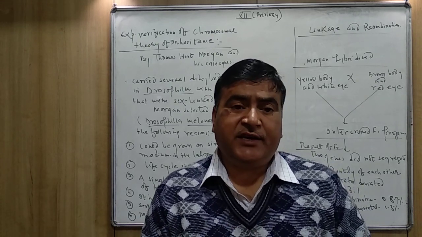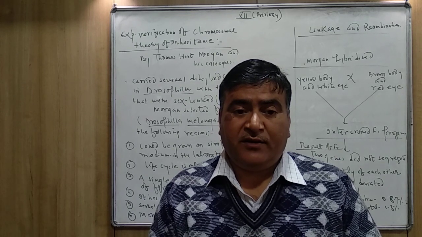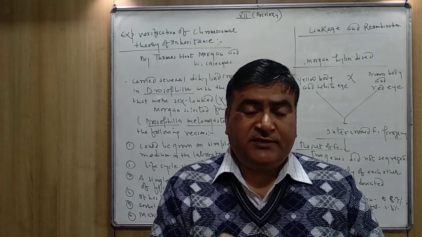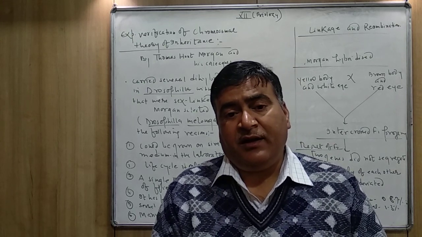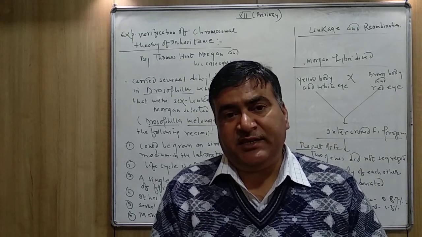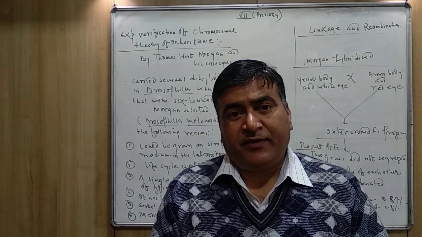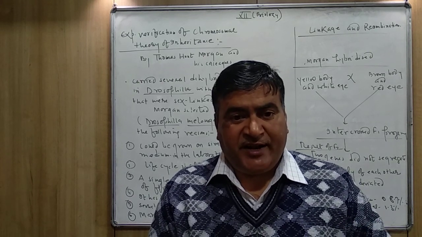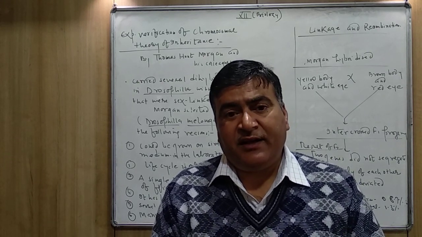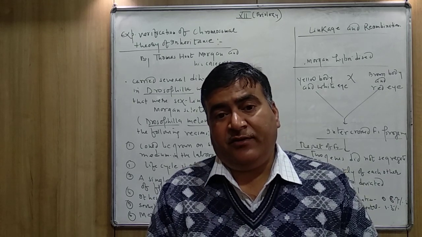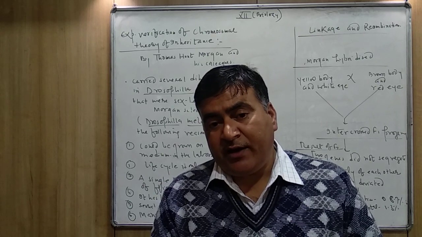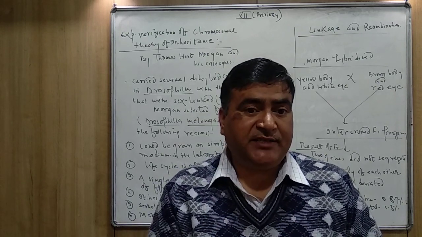But here in the case of Drosophila, both the genes were located on the X chromosome, and the distance between the genes was very less. They were tightly close to each other, and that's why the parental combination was more in comparison to the recombination.